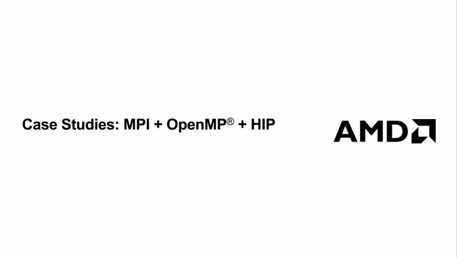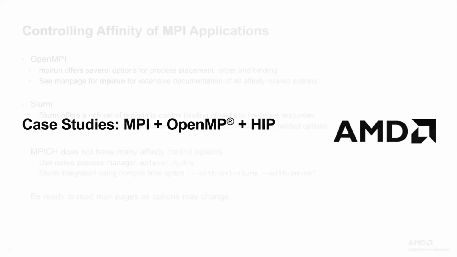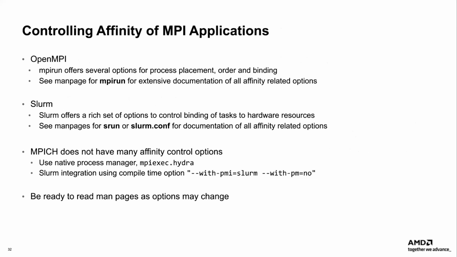So when we have these hybrid programs that have MPI and OpenMP and use GPU devices, we can use several methods. There are options in OpenMPI and Slurm. MPICH does not have so many affinity control options, but we can build MPICH with Slurm integration, and that allows us to use the Slurm bindings for setting affinity.